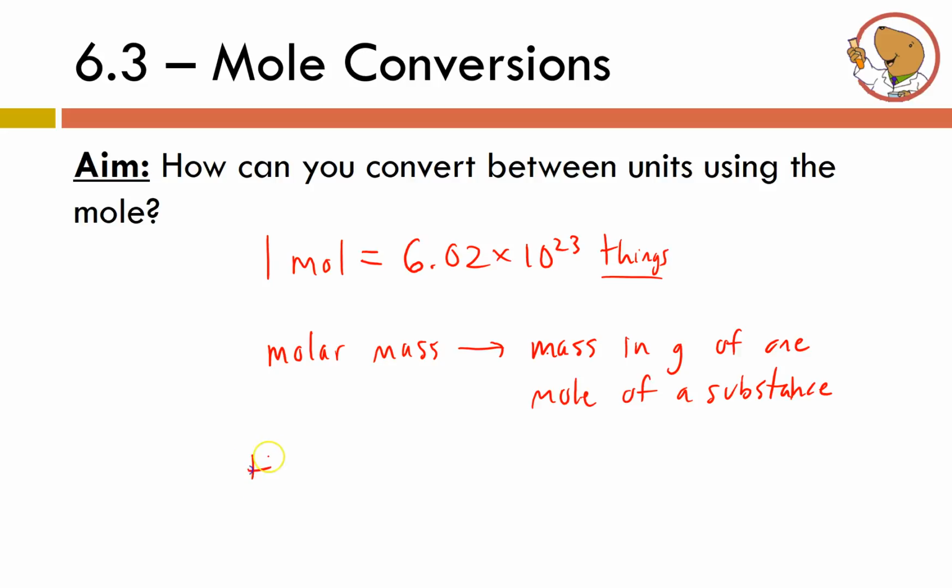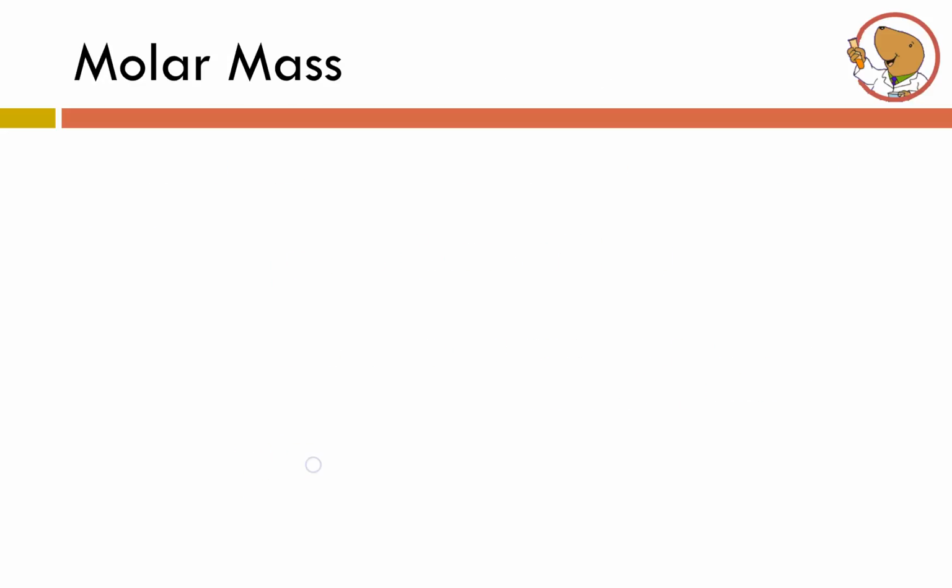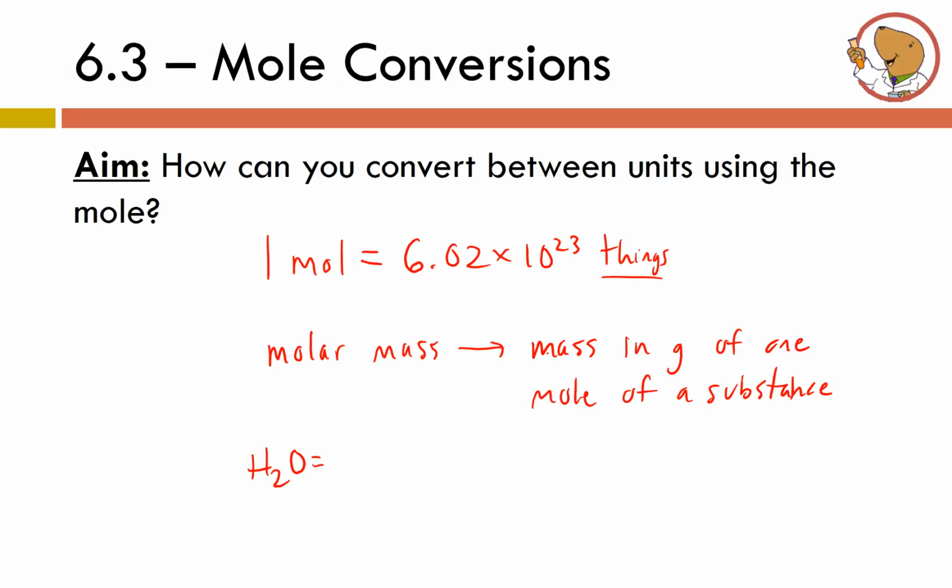For example, something like water, H2O, is going to be equal to the mass of 2 moles of hydrogen atoms plus the mass of 1 mole of oxygen atoms. And that's about 1 gram times 2 plus 16 grams times 1. And so a mole of water is going to have a mass of roughly 18 grams per mole.